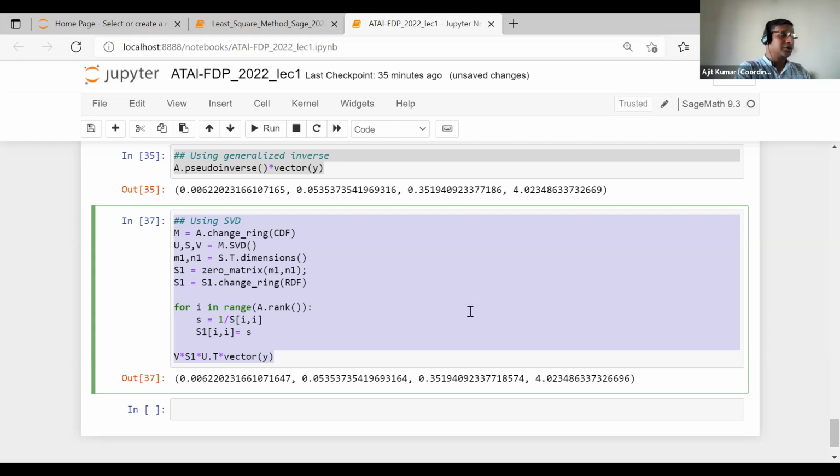I can also do it using calculus by finding the derivative, but due to paucity of time, let me not get into that part. And of course, I can write numerical methods to solve these things. That can also be done.